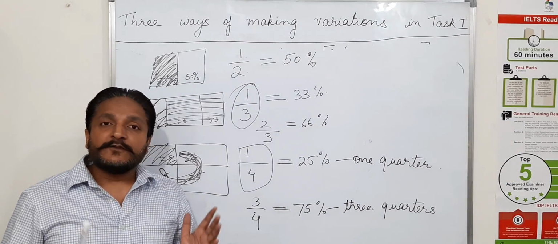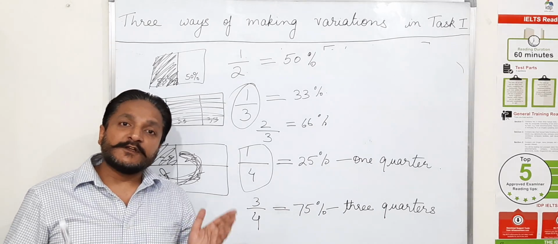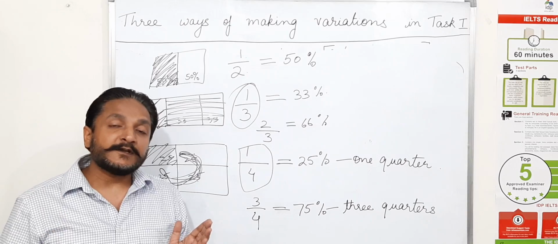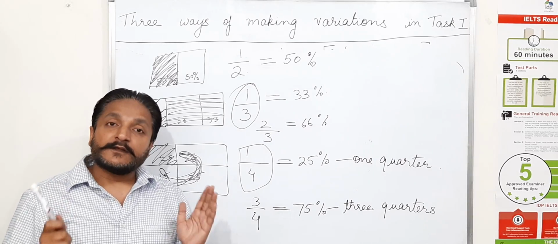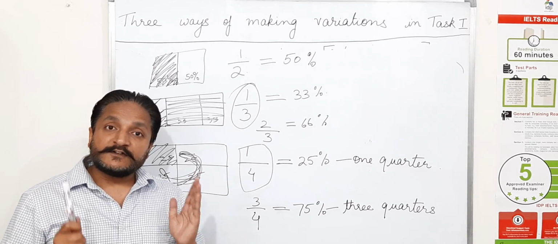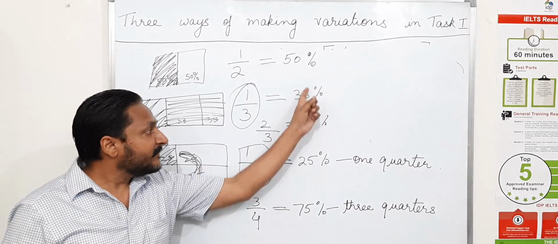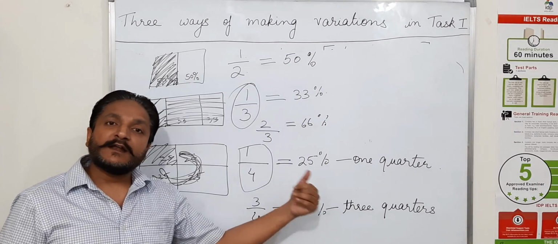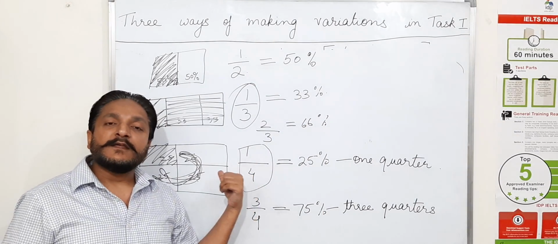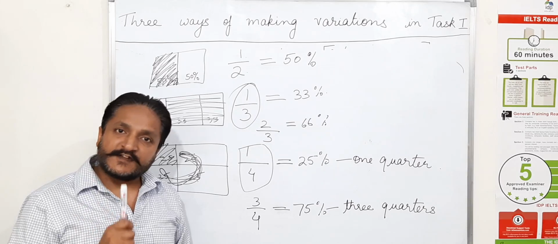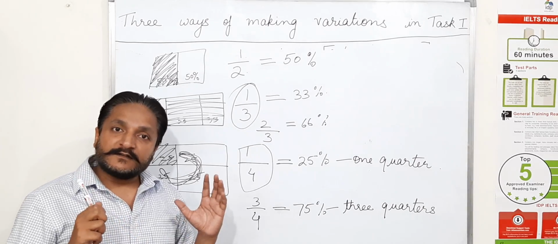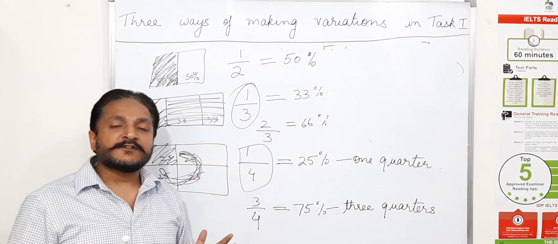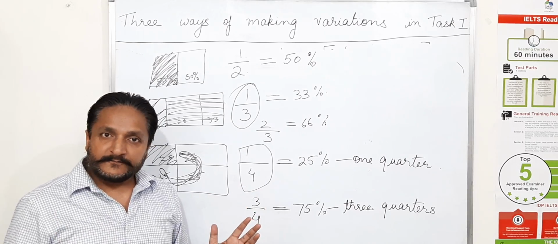So whenever you get a graph in which the data is depicted in terms of percentage, your duty is to see if any data is around these figures so that you can write the fraction instead of writing the percentage. So guys, these are the three ways how we can bring variations in task 1.